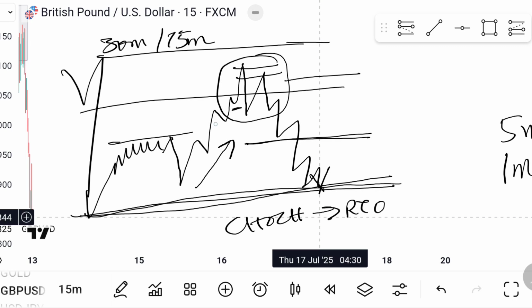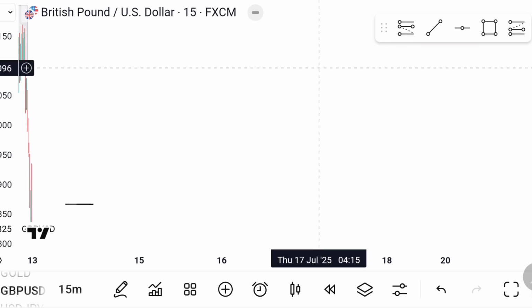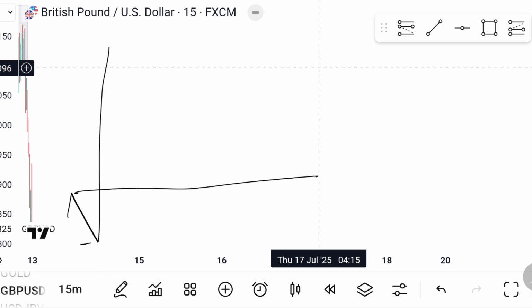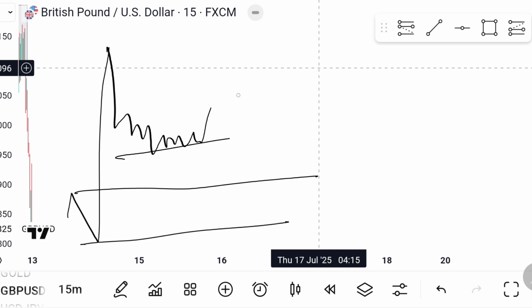Now on the flip side, this also applies to the demand zone. For a demand zone, you have it like this: the market would come and give you some equal lows and now come into your zone. Once the market comes into your zone on a higher time frame, you step down to a lower time frame.